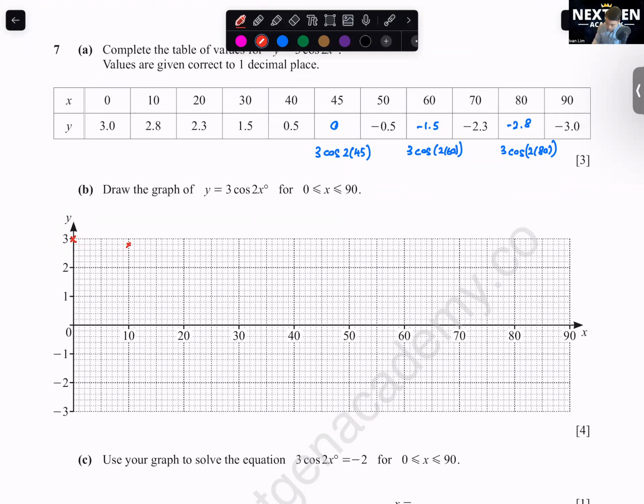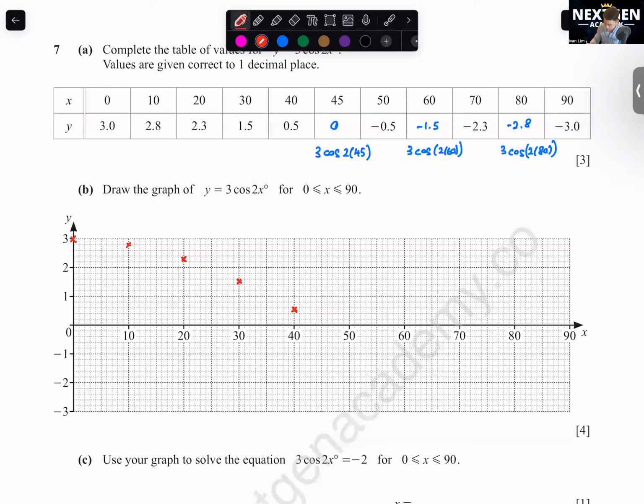2.8 at 20, 2.3. For the y-axis, every box is 0.2, so this one will be somewhere in the middle. 30, 1.5. 40, 0.5. You see, it's not really in the same intervals.